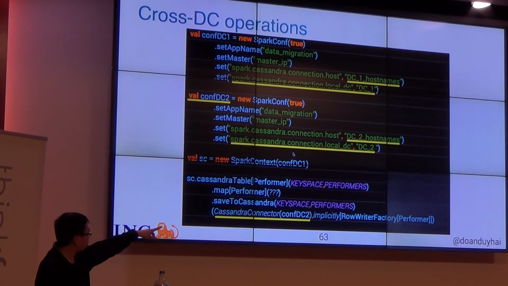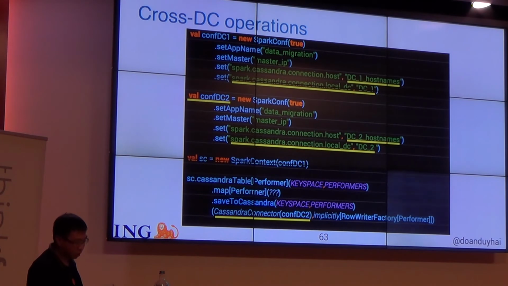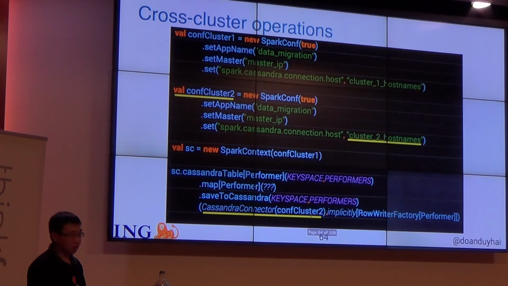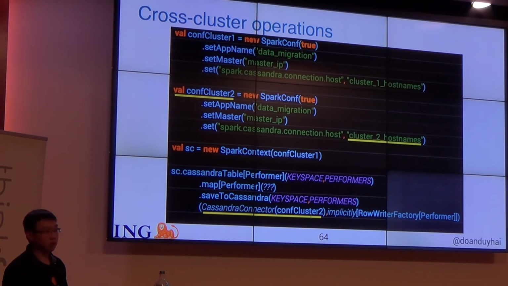You read data from the first configuration, because I create my Spark context here with the first configuration, and you save to Cassandra using the second configuration. Okay. The same for cross-cluster operations. If I have 2 distinct clusters, I can use the same trick.